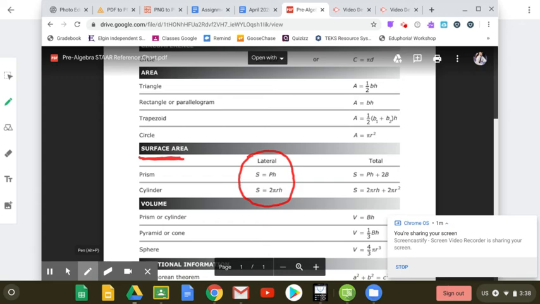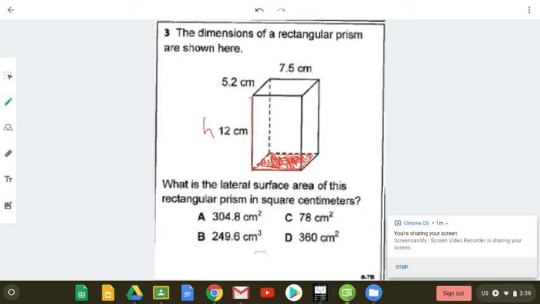More specifically, it's a rectangular prism, so I'm going to use this one. Now, capital P stands for the perimeter of the base. I remember that big P means add all sides. So all the sides of the base, I'm going to add them together and find out what the perimeter is.